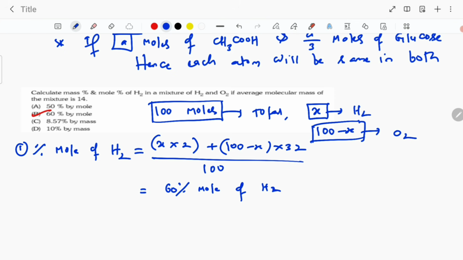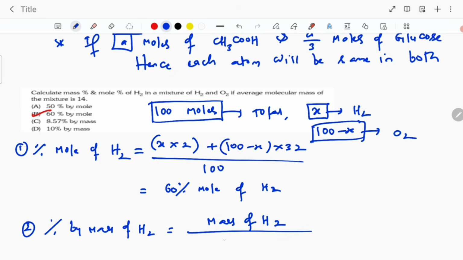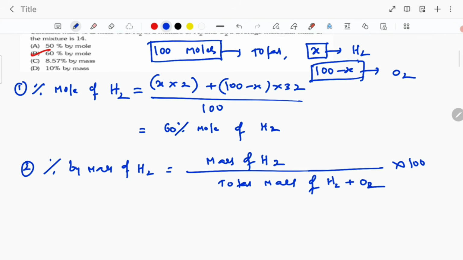Then proceeding further, percentage by mass of H2. So how do we need to find? Mass of H2 by total mass of H2 plus O2 into 100. Simple, once you know the method. Mass of H2, how to calculate?